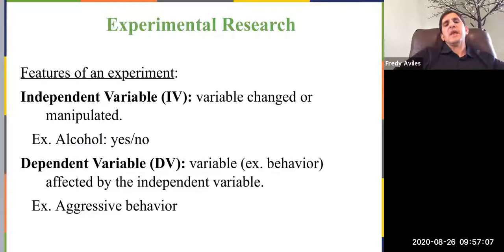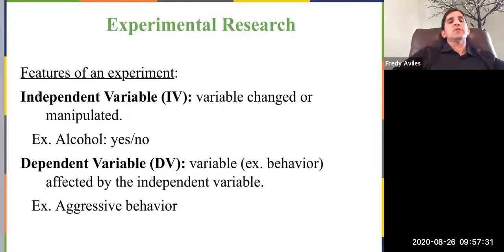Usually that's some kind of behavior, but it doesn't have to be. So if you want to study the effect of alcohol on aggressive behavior, what we're actually interested in measuring at the end is the aggressive behavior.